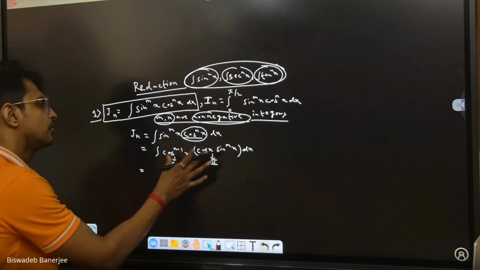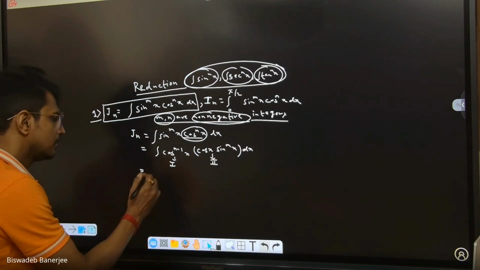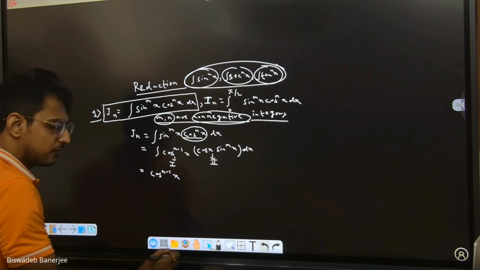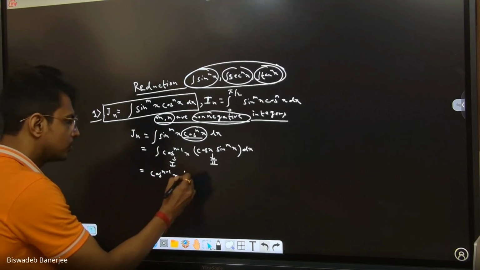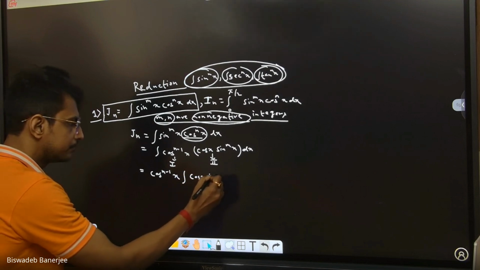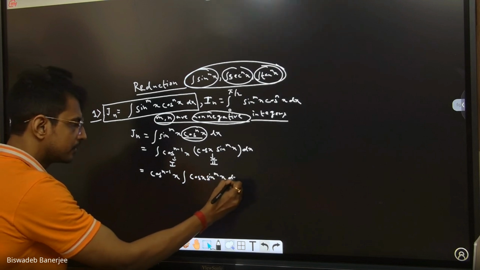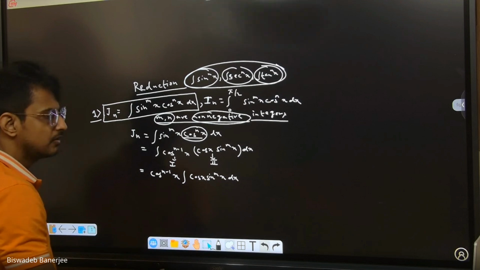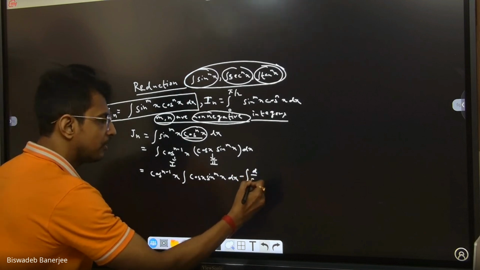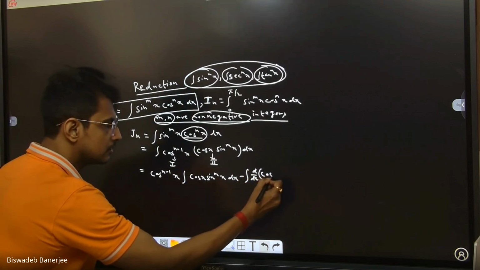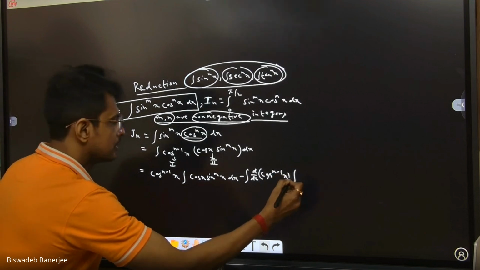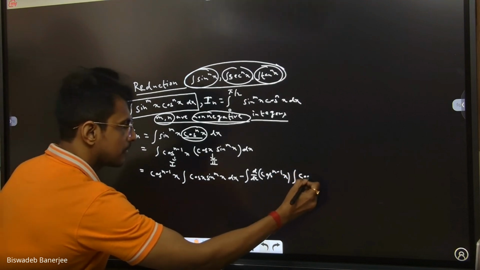After that, we shall reduce this by the byparts method. The byparts method says: at first, write down the first function into integration of the second, minus integration of the derivative of the first function, then integration of the second function.